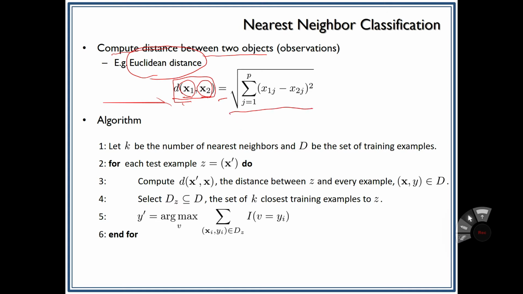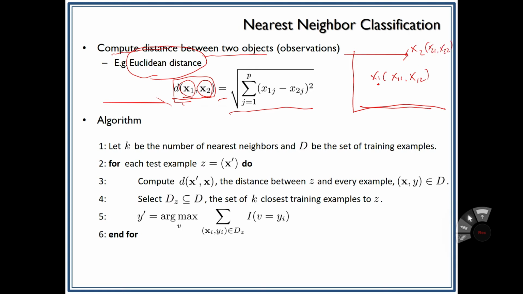So for example, in the case of two-dimensional space, there is x1 and here's x2. Then the horizontal coordinate of this data point is x1 1, and the other coordinate is x1 2, and the coordinates of this one are x2 1 and x2 2.